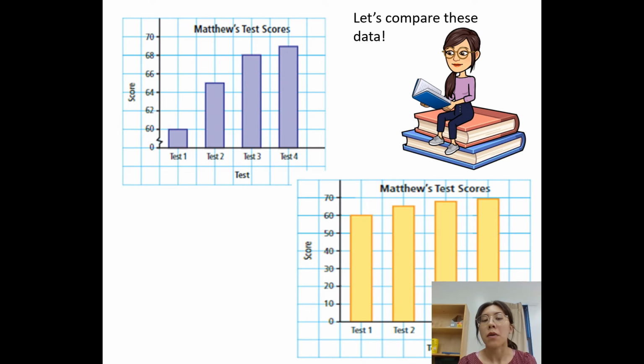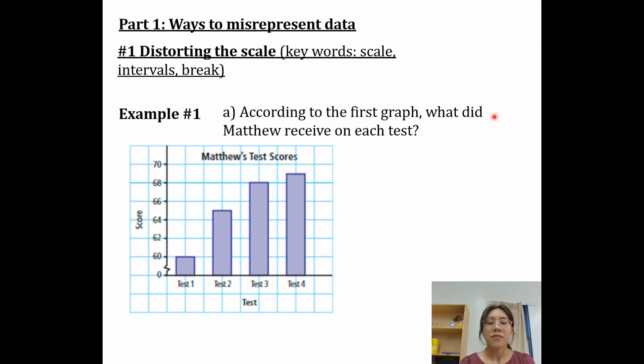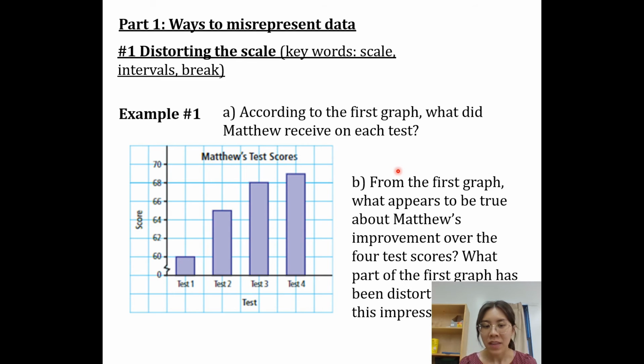Now we can do so with this example. Take a look at Matthew's test scores. Here's graph A and graph B. In graph A, you will notice that in test 1, Matthew scored 60. In test 2, he scored 65. Test 3, he scored 68. And test 4, he scored 69.